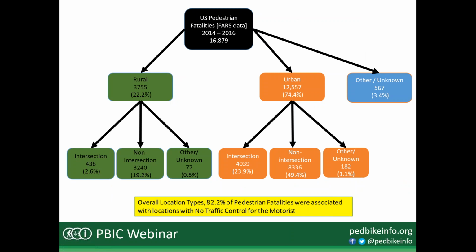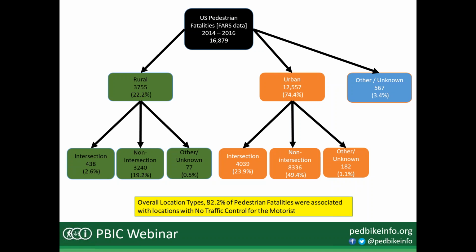So just looking broadly at U.S. pedestrian fatalities, it's largely an urban problem, even though we know that fatalities tend to be somewhat overrepresented. They're more severe in rural areas based on the total numbers of crashes in rural areas. But as you see, about 3/4 of pedestrian fatalities actually occur in developed or partly developed areas within urban areas.